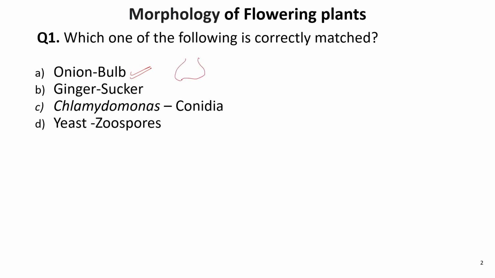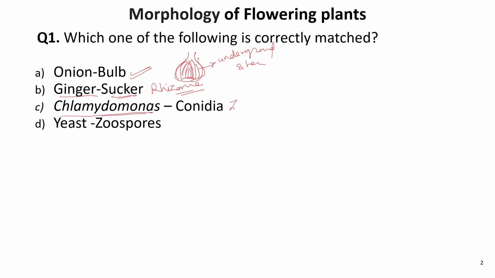If we see the structure of onion, this particular part is called a bulb. This is the underground stem. Ginger, it is not a sucker, it is a rhizome.